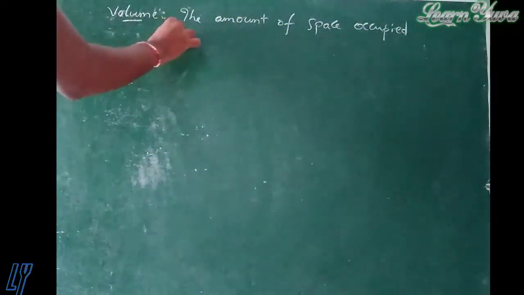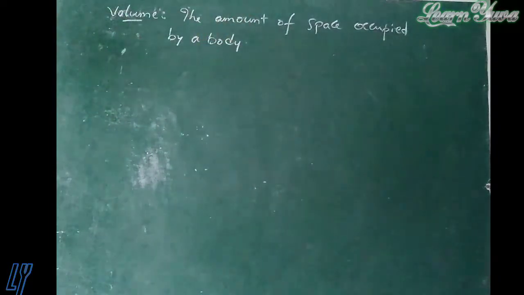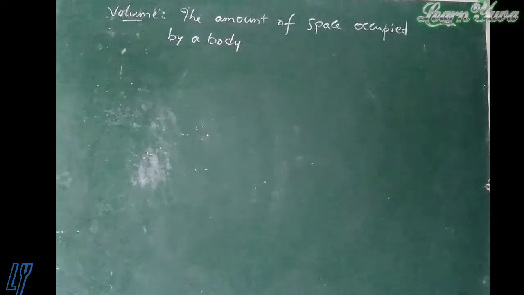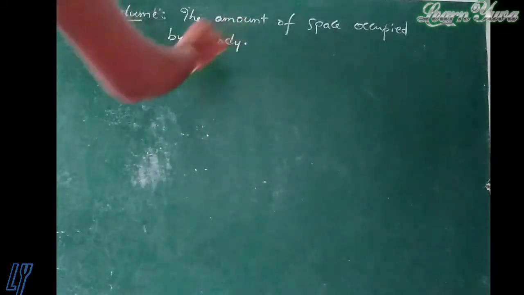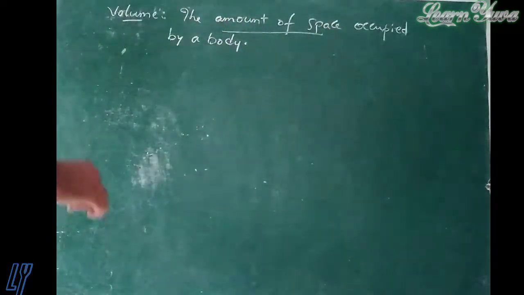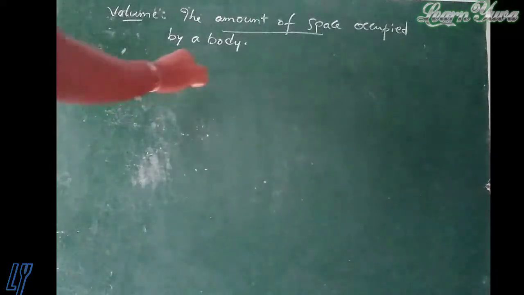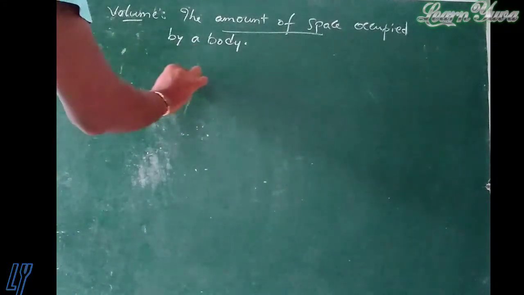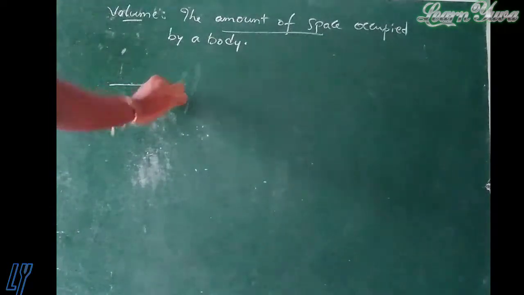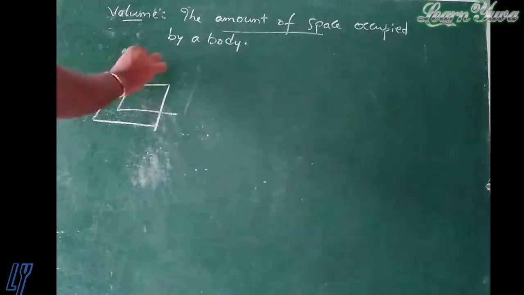The amount of space occupied by a body, in the sense that it has length, breadth and height.